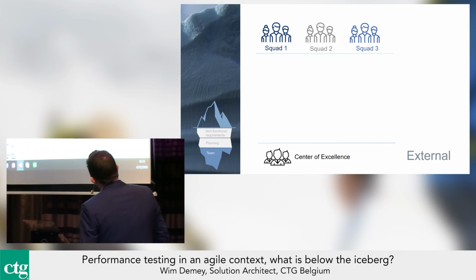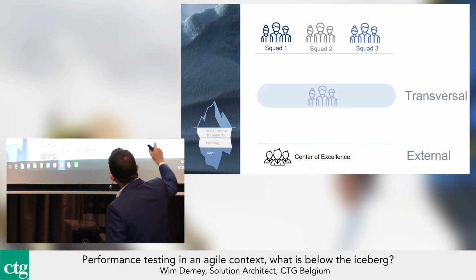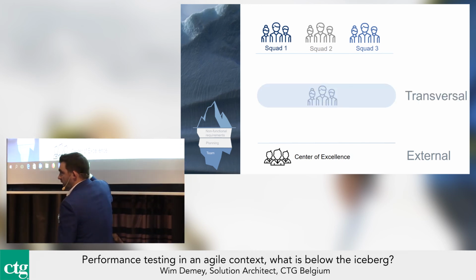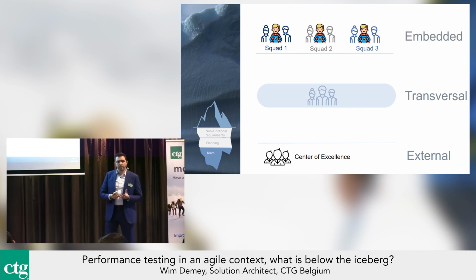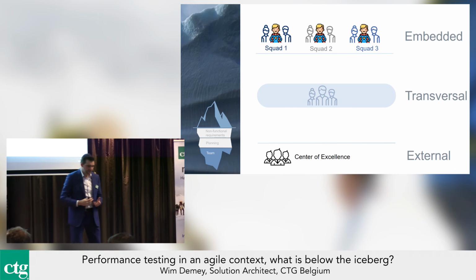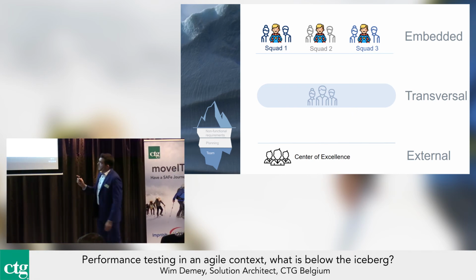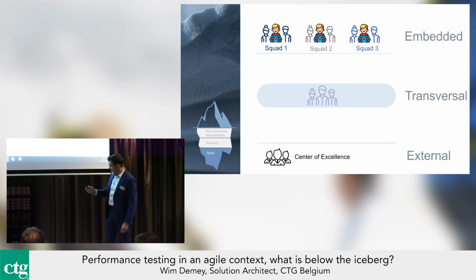And therefore, I'm a big believer in creating a transversal squad, a specific squad which is fully embedded in the agile working, so with the ceremonies, with the same planning, and they can do performance testing for your other squads.